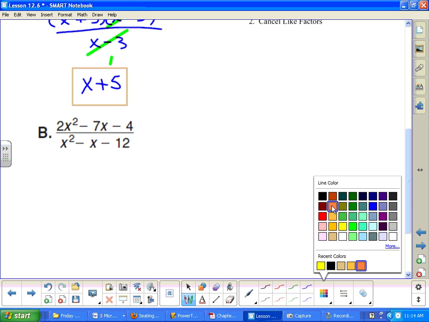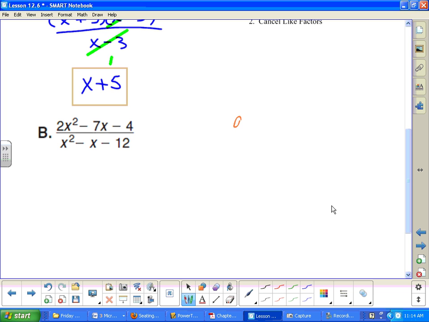All right, so the first thing we do if we're doing that slide and divide method is we're doing a times c. So we're going to multiply 2 times negative 4. So we get x squared minus 7x minus 8. This is my a times c right there, 2 times negative 4.